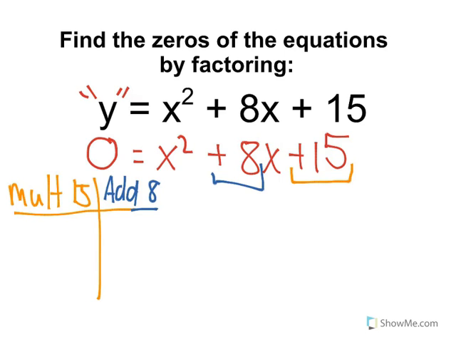So let's just start listing numbers that multiply to positive 15. 1 times 15, but when I add them, I get 16. Negative 1 times negative 15, when I add them, I get negative 16.